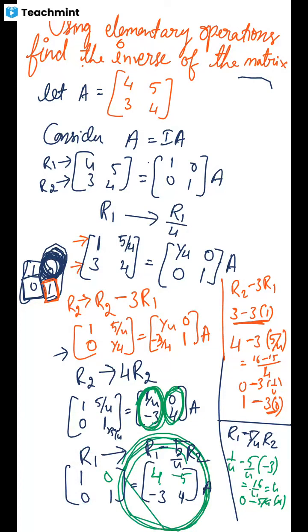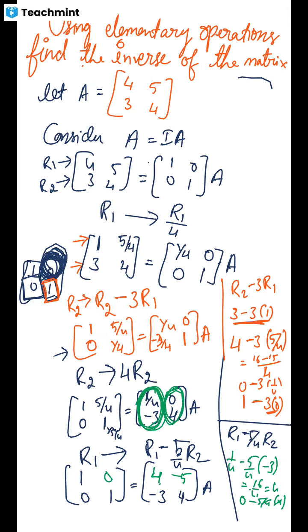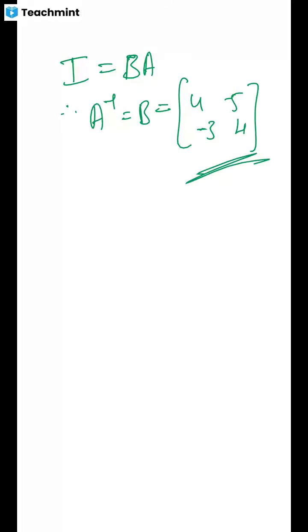So clearly it is in the form I equals BA. Therefore A inverse equals B. Which matrix has come? 4 minus 5, minus 3 4. So 4 minus 5 minus 3 4 is the required inverse of the matrix. That's it.